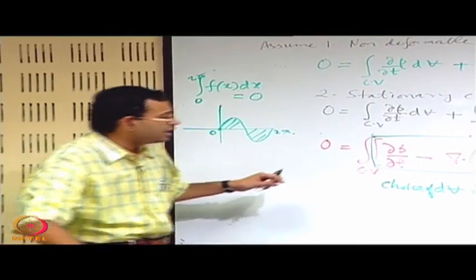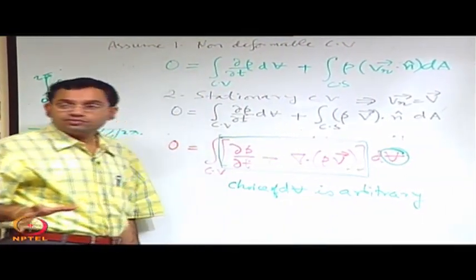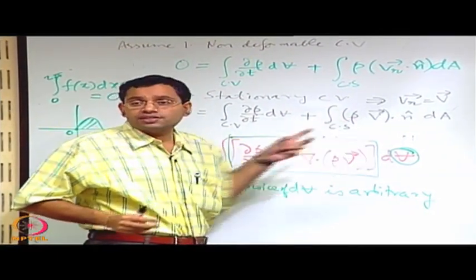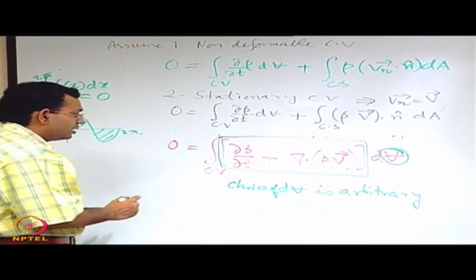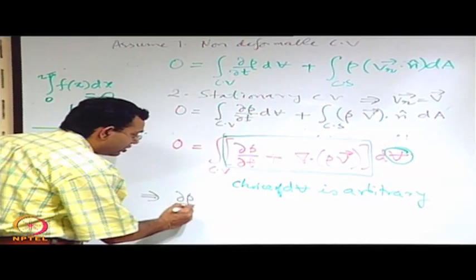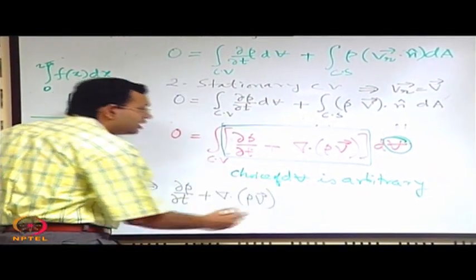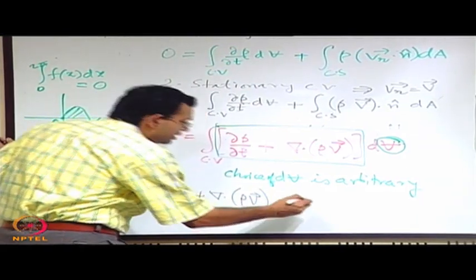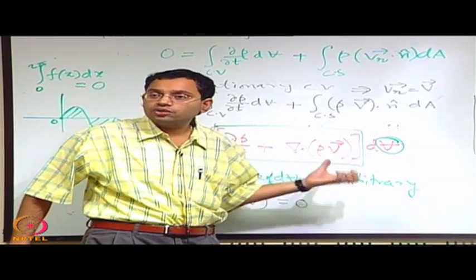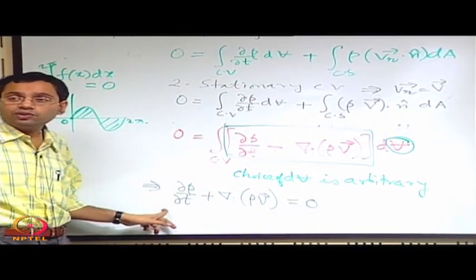If this has to be 0 for each and every arbitrary choice of the elemental control volume, then the integrand should definitely be 0. So it is not a general interpretation for any case, but an interpretation based on the arbitrariness in choosing the control volume. With that understanding, now we get this form of the equation.